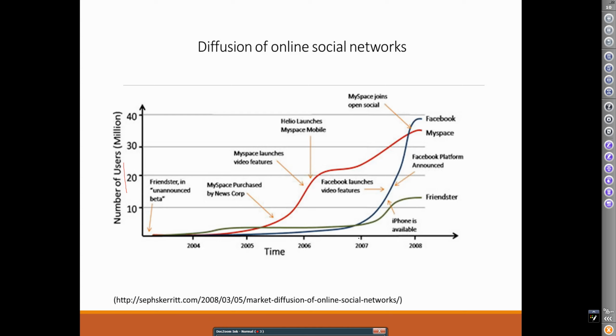You see how fast they move from the early adopters to the laggards, because at the same time they implemented the special device, the iPhone, and it became more convenient to use Facebook from this device. MySpace, another social network, also started rising because they started implementing specific mobile applications.